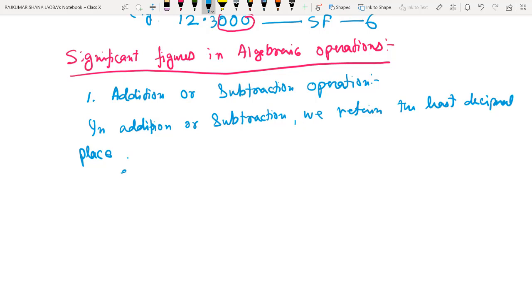The example: x equal to 9.872, y equal to 4.29.